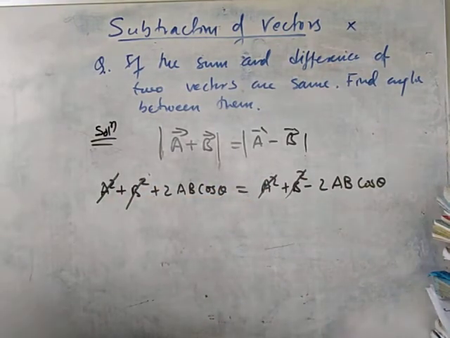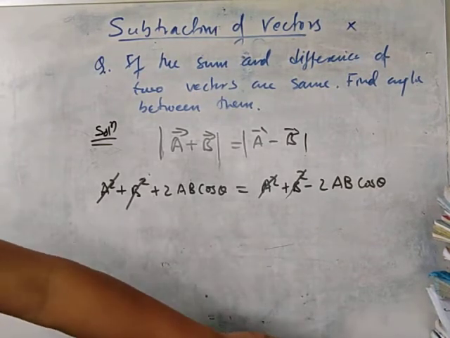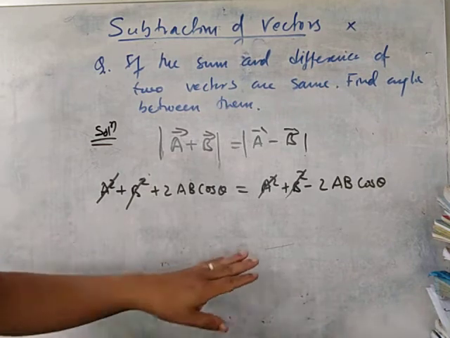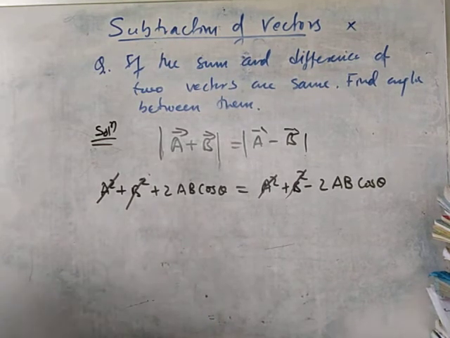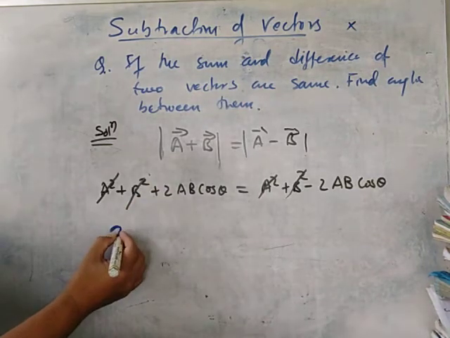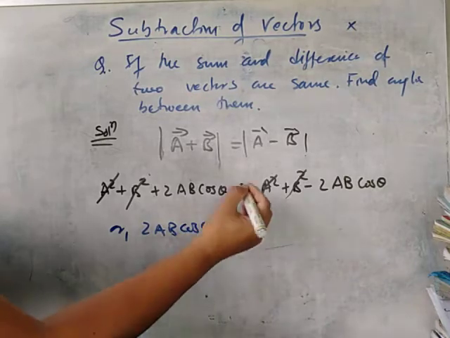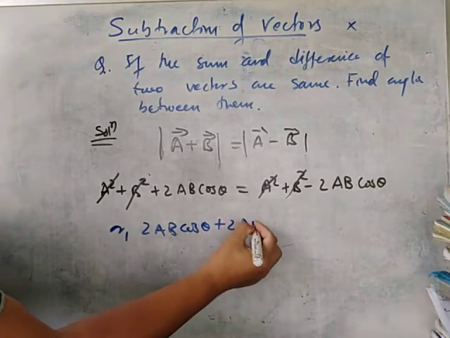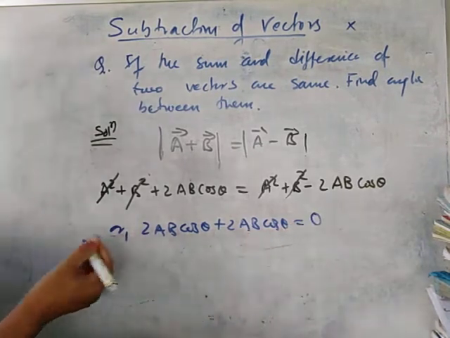So see, what will my angle be? See, if I take this here, 2 is common, isn't it? So 2AB cos theta, bring here, plus 2AB cos theta equals to 0, isn't it?